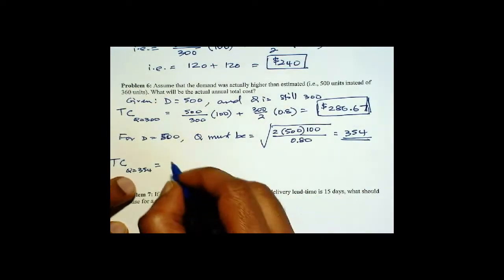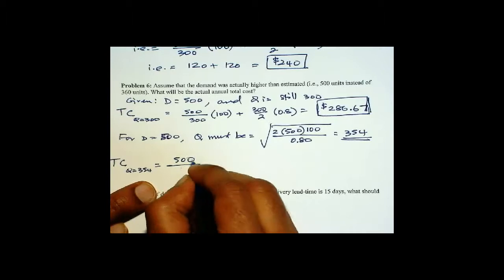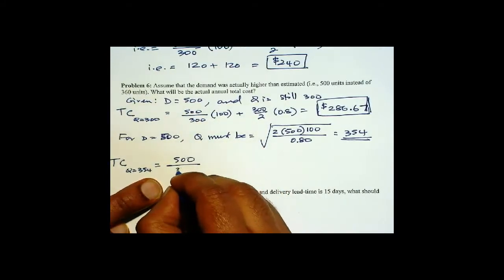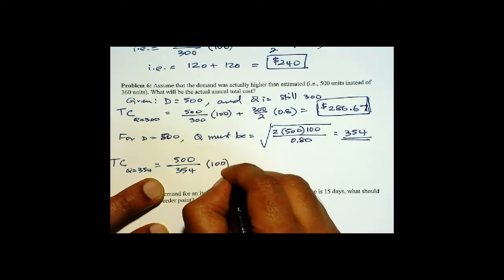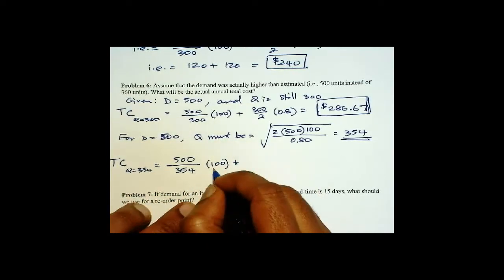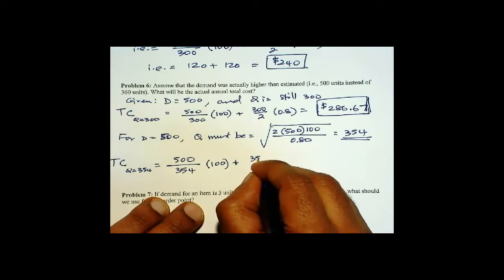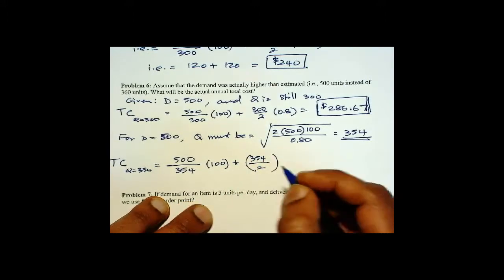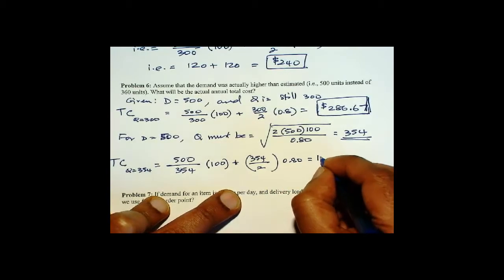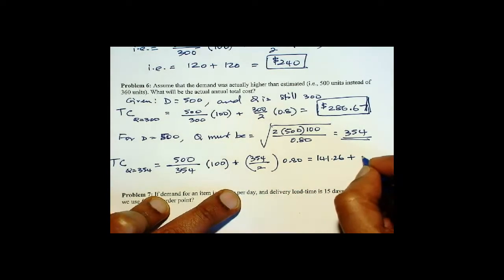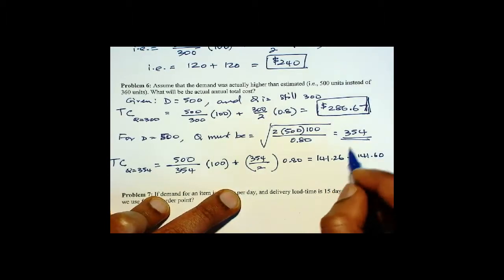So D is 500. Now we would have been ordering at the rate of 354. So that's our ordering cost. And then 354 over 2 times 0.8. This gives you 141.26 plus 141.60. See, it is not identical because we had to round here, but still very close.